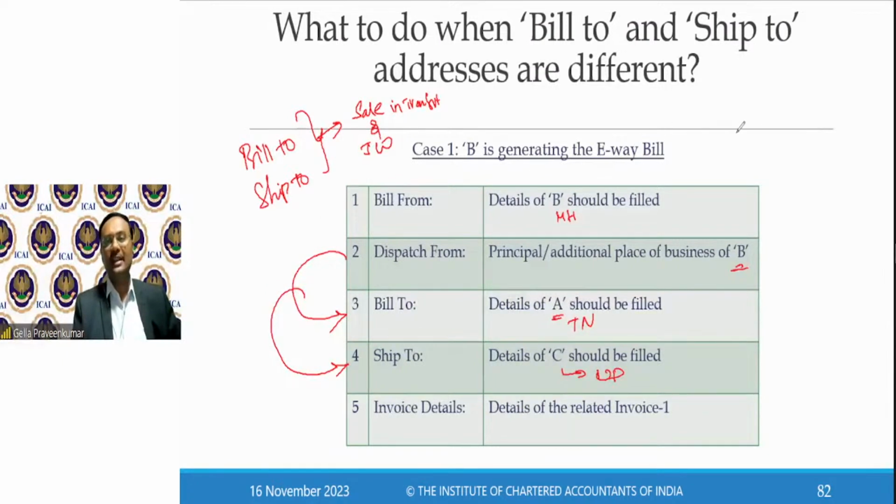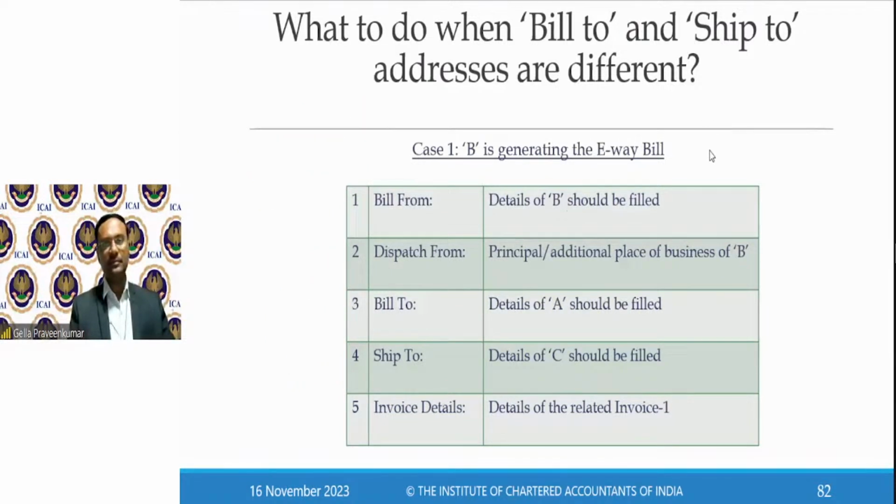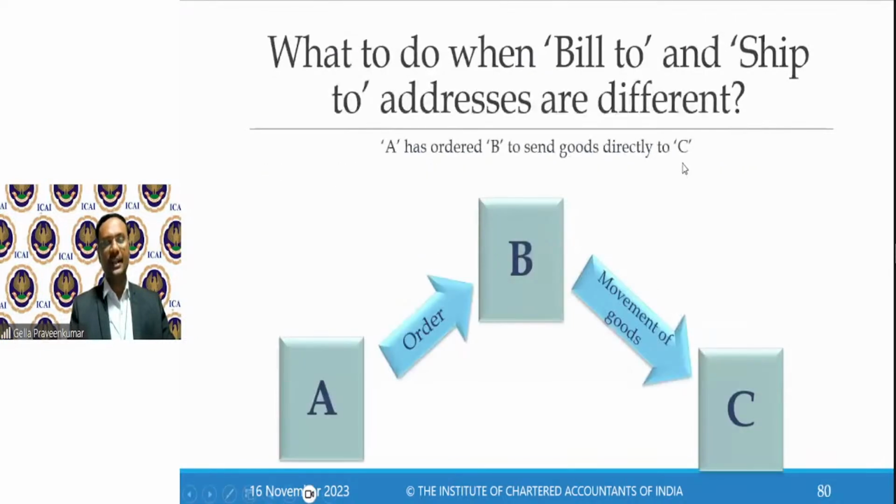Generally, in most of this wholesale business, it so happens that, I'll just come back to my previous slide, this particular model is like, say, B is a manufacturer, A happens to be a wholesale dealer, and C happens to be a retailer. C is in, say, Tamil Nadu, B is in, say, Maharashtra, and A is in, say, Gujarat.